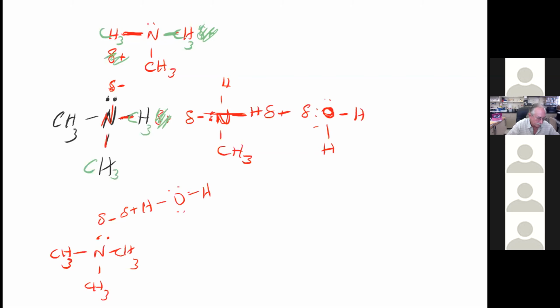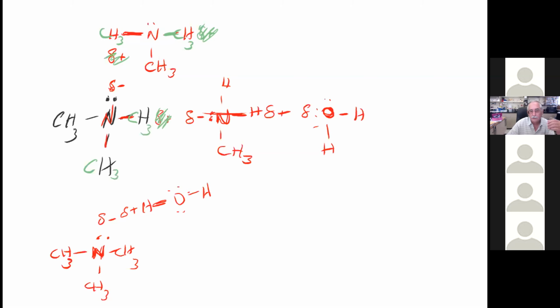So is that a hydrogen bond? Here's the OH of one molecule. All I need in the other is an F, N, or an O, and that is a hydrogen bond. So a tertiary amine cannot hydrogen bond to other tertiary amines, but it can hydrogen bond to water.